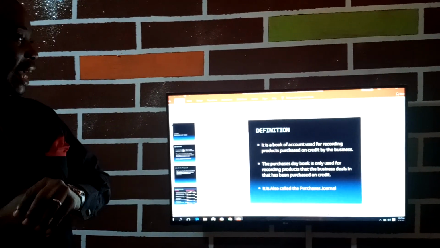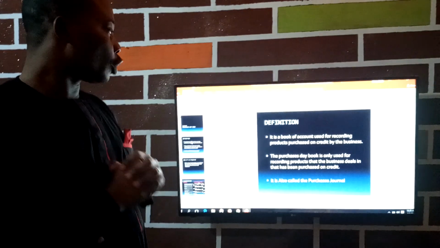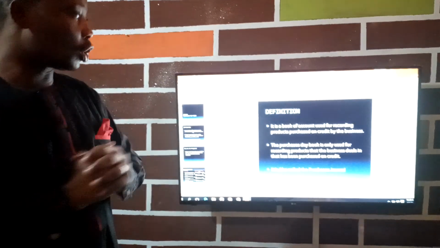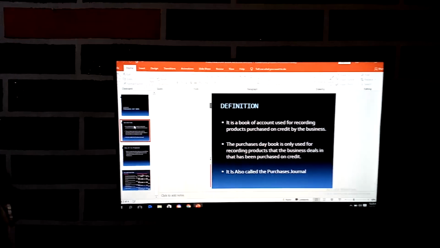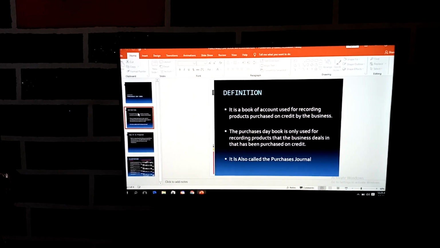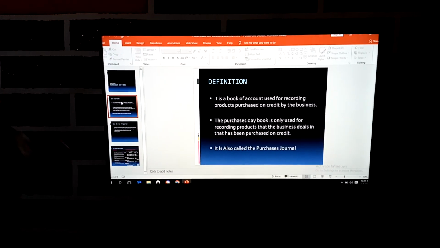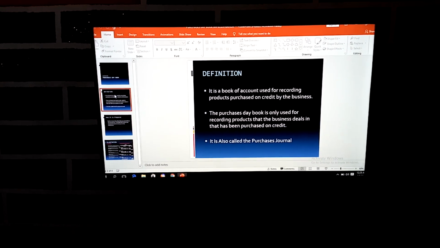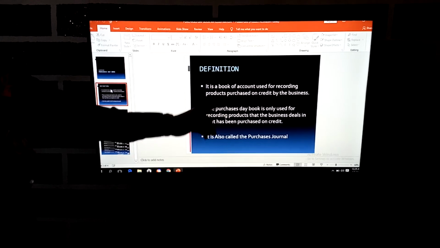It is used for recording products purchased on credit by the business, and these products must be the products that the business deals in. The Purchases Day Book is also called the Purchases Journal.